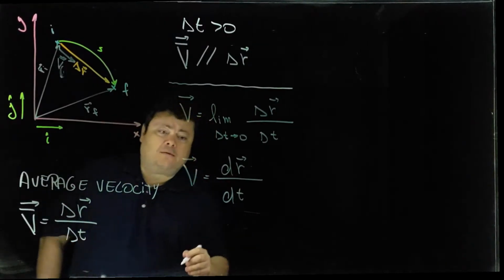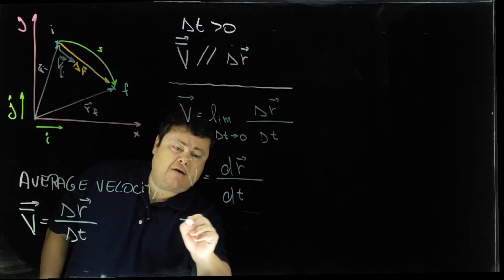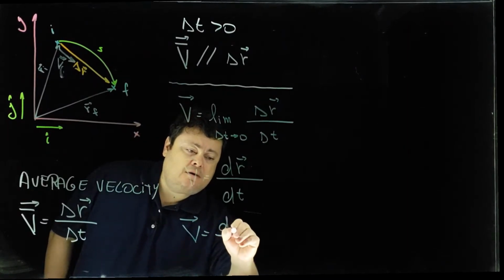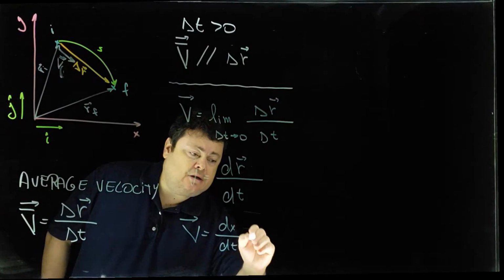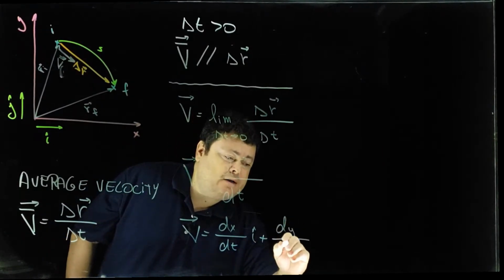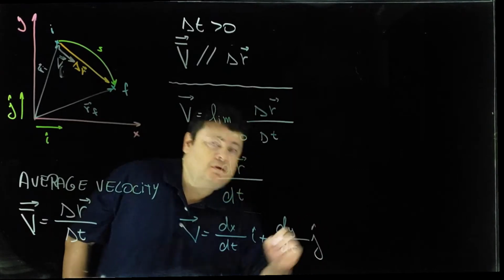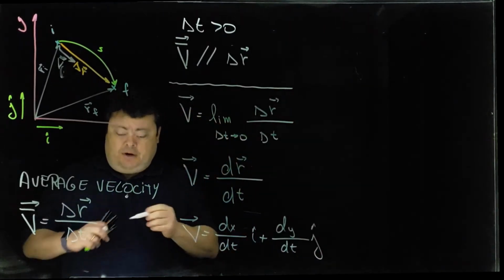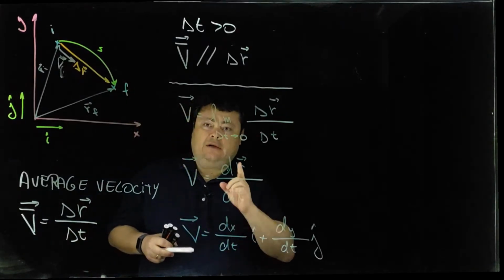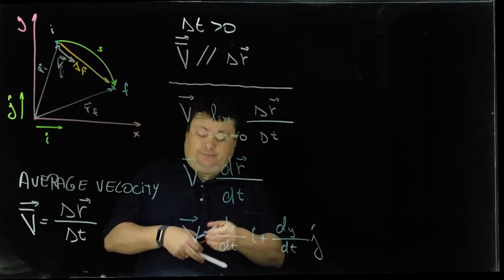In component form, we could say that the instantaneous velocity is going to be dx/dt i hat plus dy/dt j hat. But the part that I really want to highlight, that is more important for us, is this here.